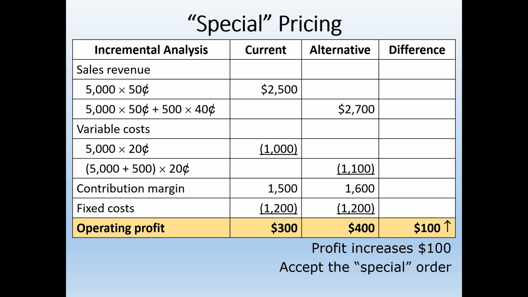So based on economic considerations alone, the firm should accept the special order. Although, before it does, it should think about whether there are any qualitative considerations that might affect this decision.